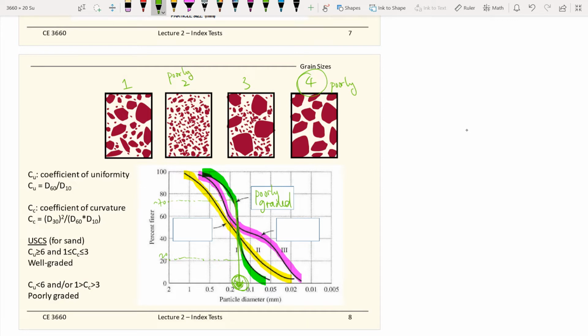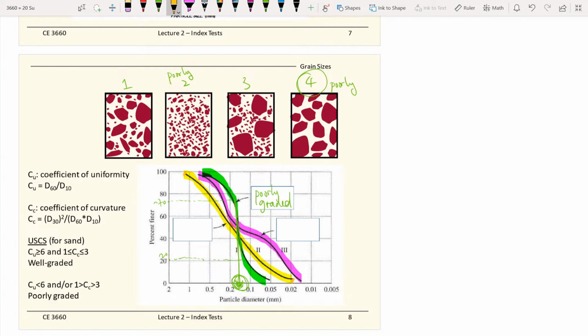The next one, curve number two, you can think of it as a curve with a gentle, almost constant slope spanning through all the particle sizes.